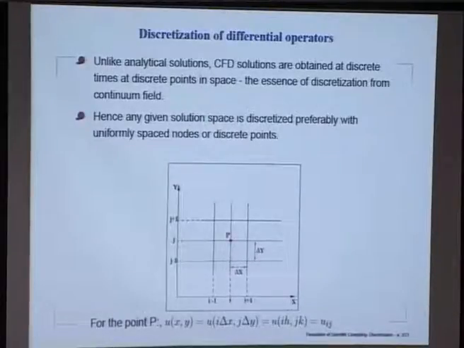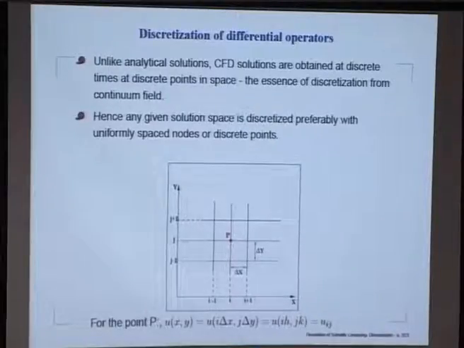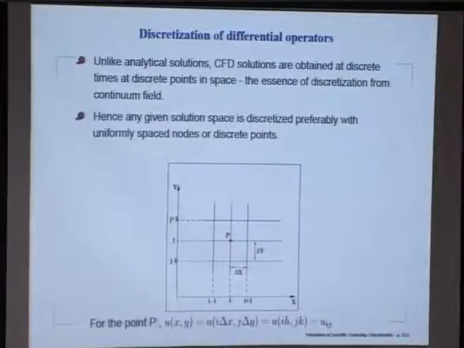So, what we are doing, let us say in the xy plane, is dividing the domain into equispaced nodes. I have shown you some typical points: the i minus 1 line, the ith line and the i plus 1th line. In the same way, we have shown 3 such lines in the y direction: j minus 1, j and j plus 1th line, and P is at the confluence of the ith and jth line.